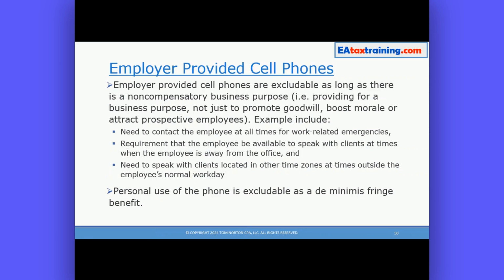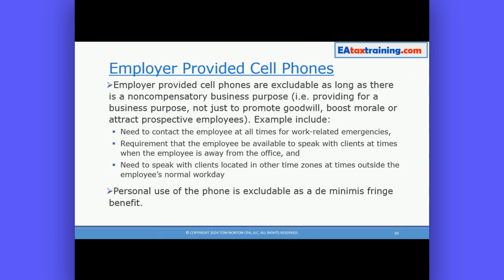So examples of a legitimate business purpose would be a need to contact the employee at all times for emergencies, a requirement that the employee be available to speak with clients at times when the employee is away from the office, and the need to speak with clients located in other time zones at times outside the employee's normal workday.